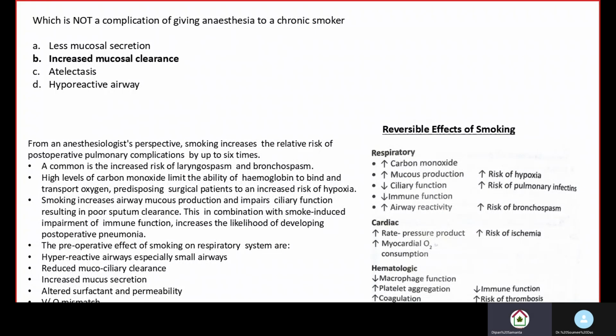From an anesthesiological perspective, smoking increases the relative risk of post-operative pulmonary complications up to 6 times.